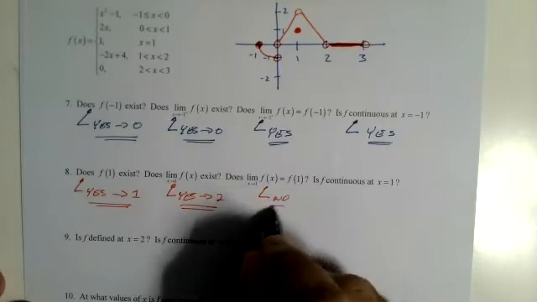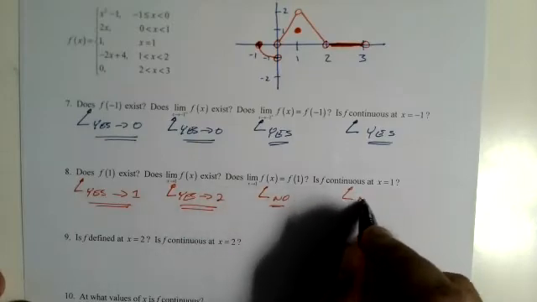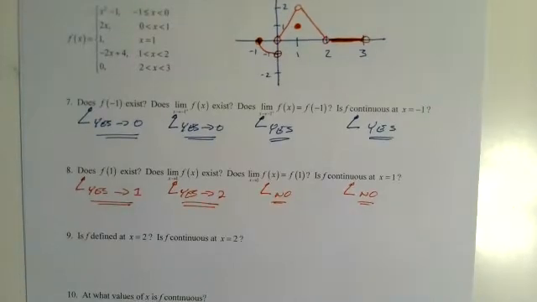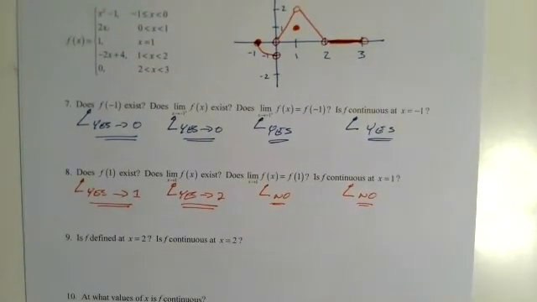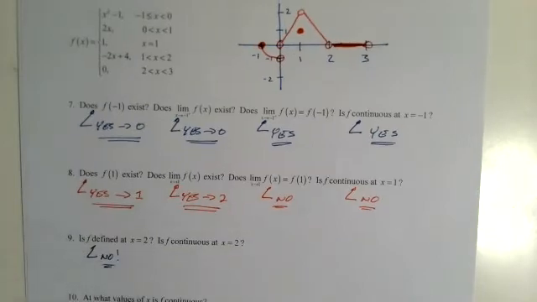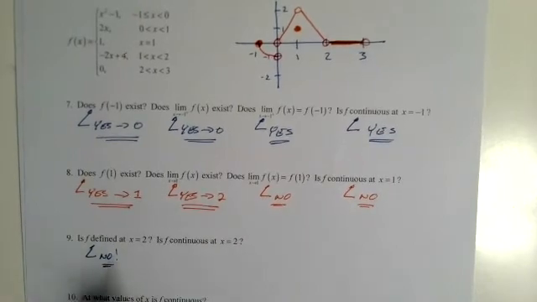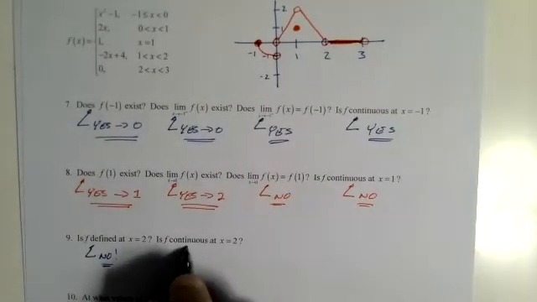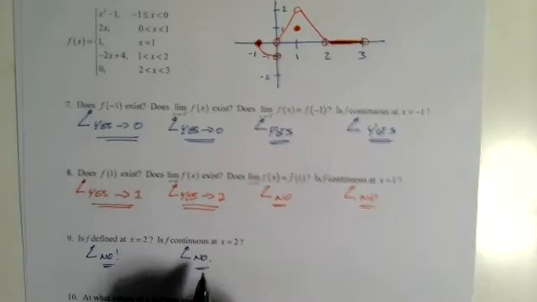No. Is it continuous? No. But we're just walking it through the definition. Trying to make it as clear as possible. Is f defined at x equals 2? No. Is f continuous at x equals 2? It's not defined there, so no. And that's a very firm period.